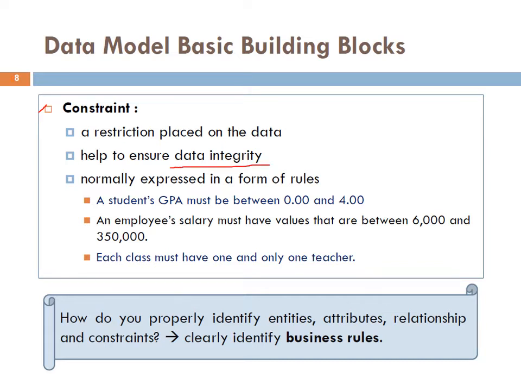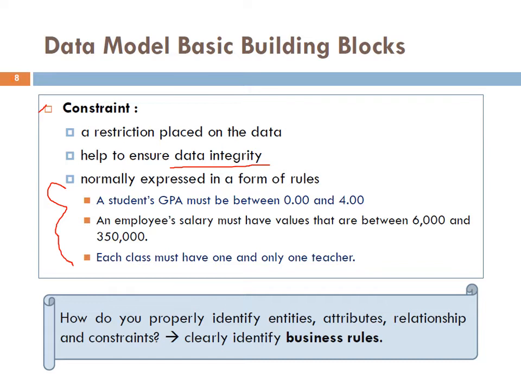Data integrity is the accuracy and consistency of data stored in a database. So constraints are normally expressed in the form of rules. For example, a student GPA must be between 0 and 4. An employee salary must have values that are between 6,000 and 650,000. Each class must have one and only one teacher. These are the rule examples.